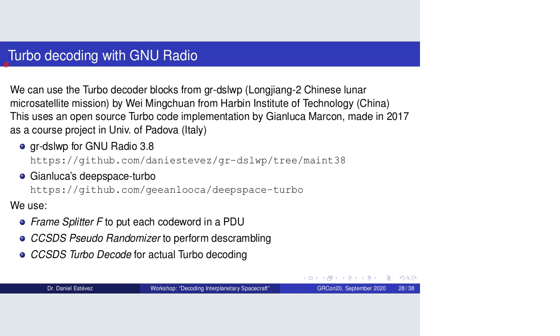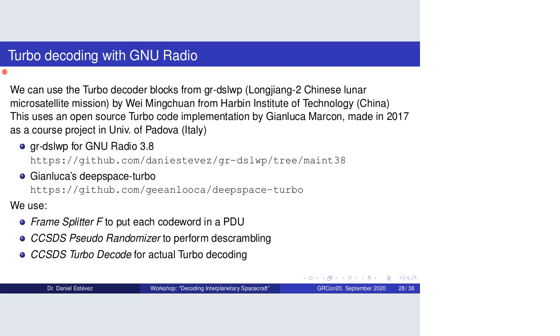Wei Minchuan from Harbin Institute of Technology in China took Gianluca's implementation and incorporated it in some GNU Radio blocks inside this larger GR-DSLWP out-of-tree module. This was used during the Longjiang 2 Chinese lunar microsatellite mission, which ended in August last year.